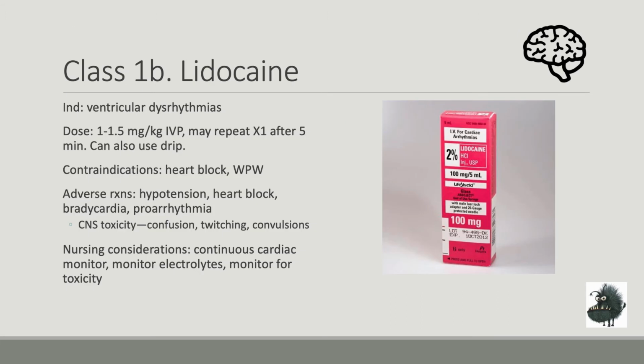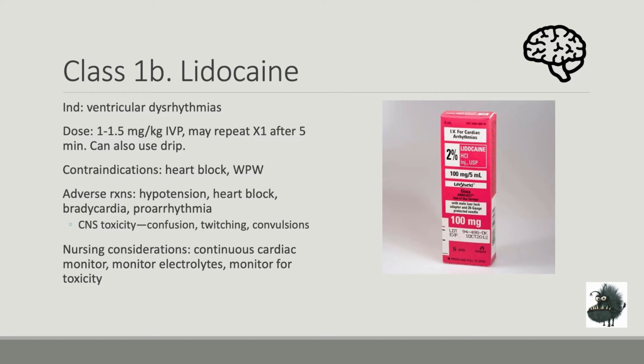Well, let's talk about the 1B agents. Lidocaine is one of really 2 drugs in the 1B class, but I just want you to use this to sort of learn about the class 1 antiarrhythmics. So lidocaine is the one that we're going to pick. It is indicated for ventricular dysrhythmias.